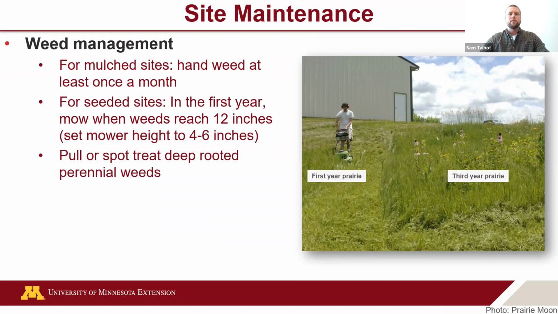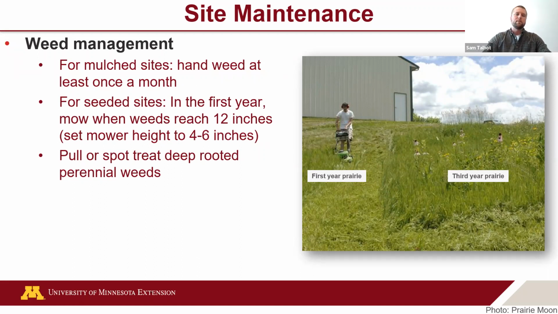What that does is you're sort of exhausting the seed bed of those annual weeds because you want to mow them before they go to seed, before they set new seeds. And then all you're getting is your annual natives coming back up. So you can see in this picture the third year prairie on the right, where that first one is getting mowed at that 12-inch mark.